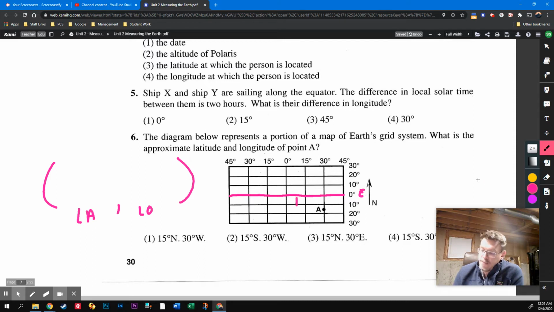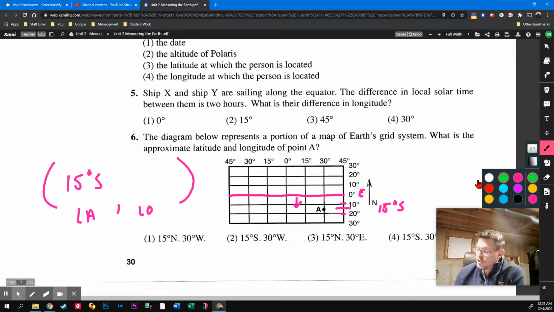Now I measured down from the equator, and I went 10 degrees, and there's 20 degrees, and I'm about halfway in the middle. A good inference for halfway between 10 and 20 would be 15 degrees. And I went south, so my latitude for position A is going to be 15 degrees south.